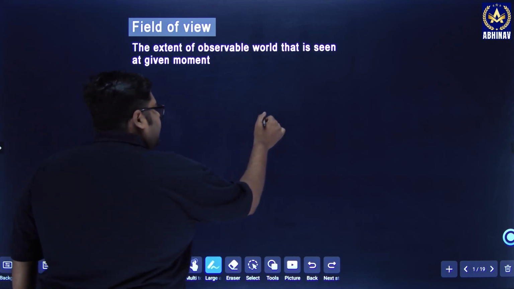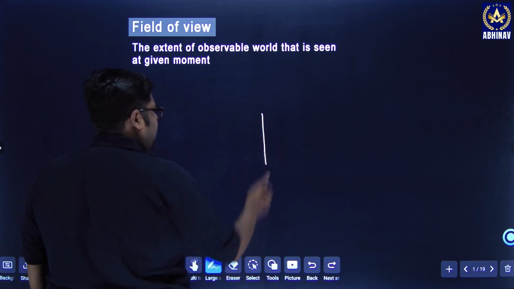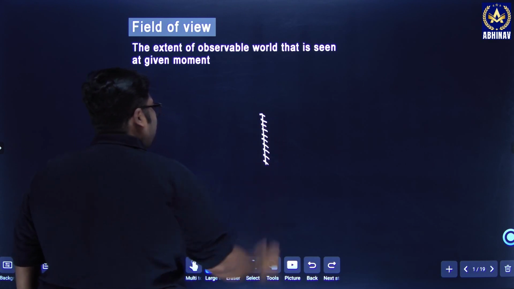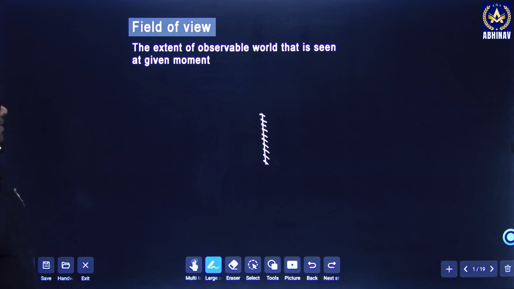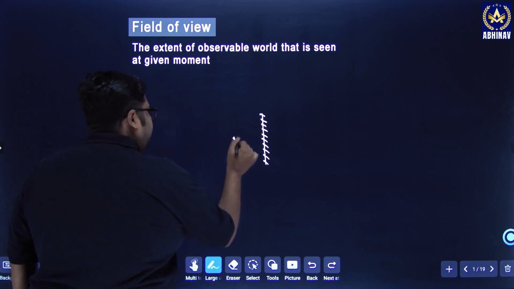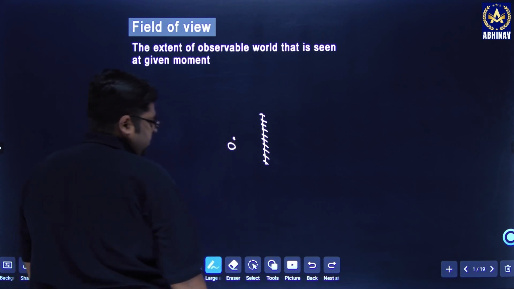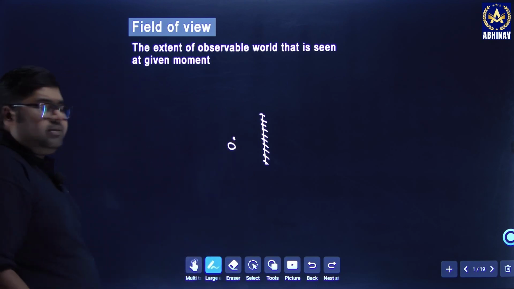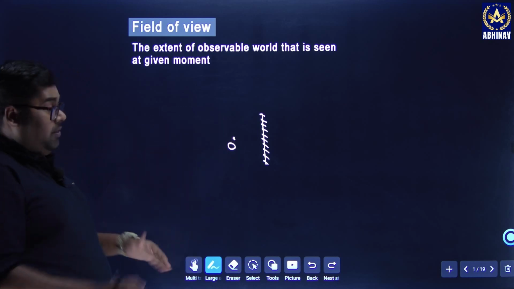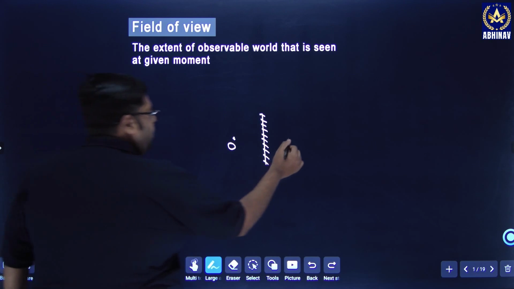Now suppose here is a plane mirror, and here we have kept an object O. As we know, the image will be formed behind it, on the other side.